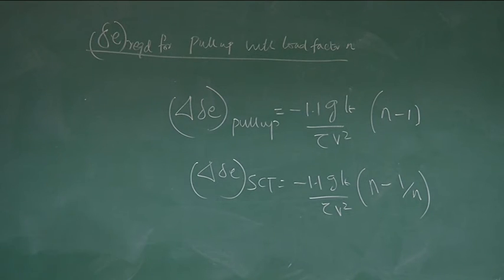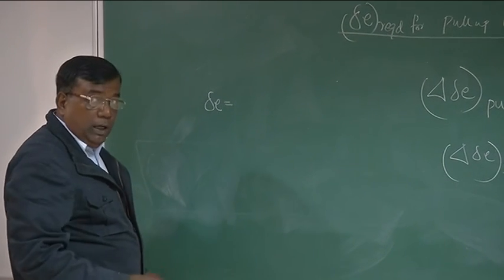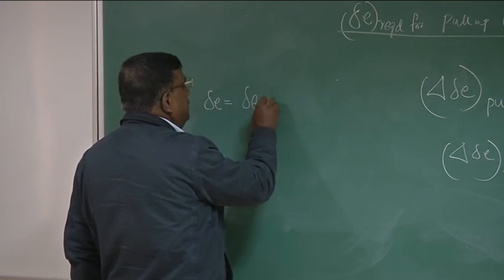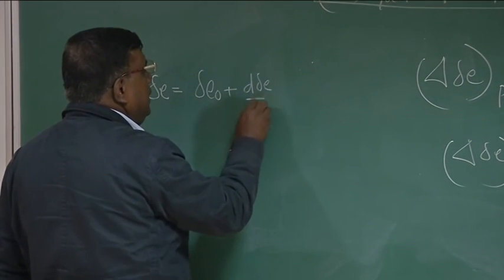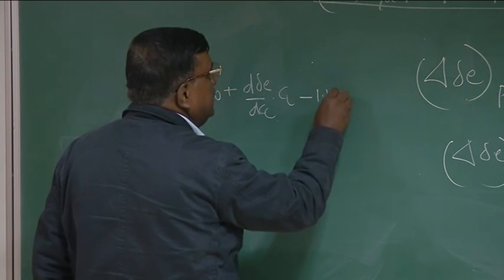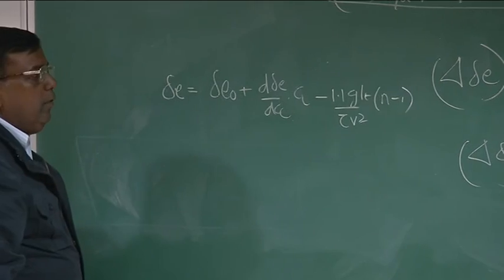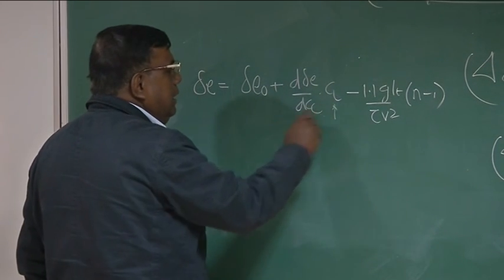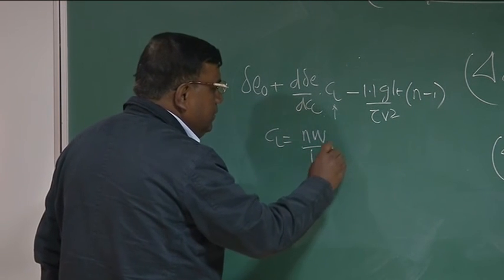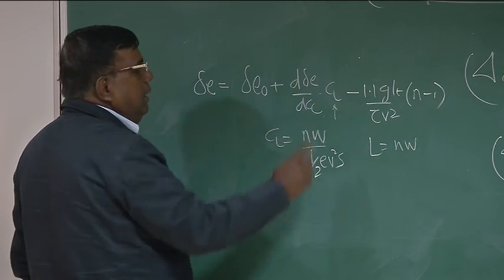So what happens if I am trying to find out how much delta E I have to give for a pull-up in total? One part will be because of cruise, which is already there, delta E naught plus d delta E by dCl into Cl. Now it will come minus 1.1 g Lt by tau v square n minus 1. And what is the Cl here? Cl is nothing but nW by half rho v square S, because L equals nW.